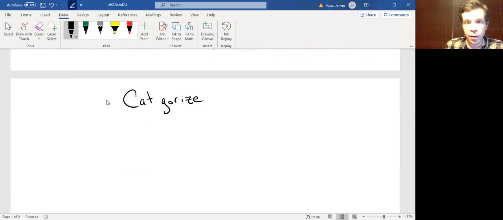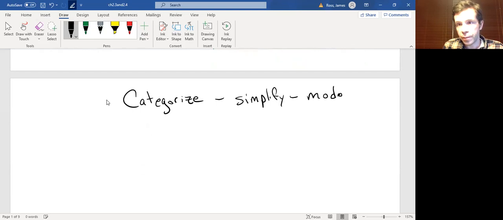And I misspelled categorize. All right. The first thing you want to do is simplify, right? And that's where your model comes into play. Right, so I drew a picture of my car driving down the road from Richmond to Berea. So now we're going to do our simplification.